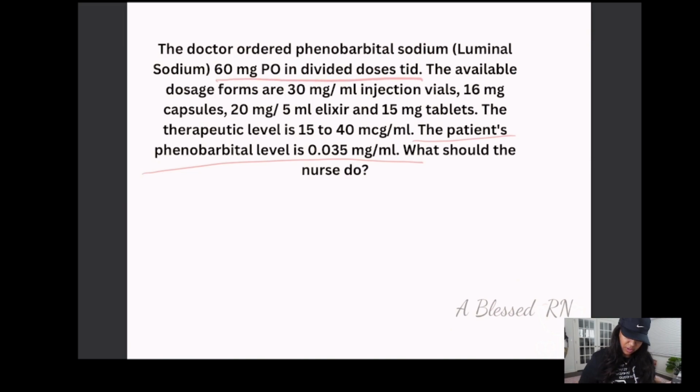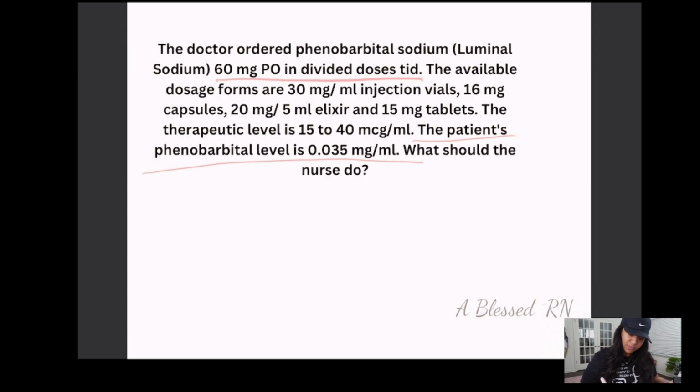And it's going to be by mouth because that's what PO stands for. And it's going to be in divided doses. TID means 3 times a day. So that's going to be 60 milligrams over the whole day, divided 3 times. 60 divided by 3 is going to be 20 milligrams a dose.